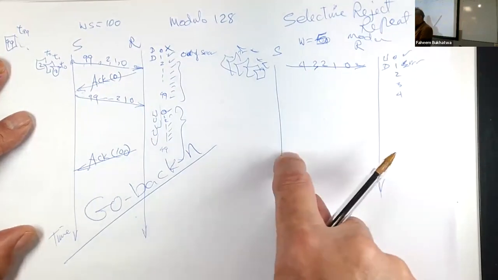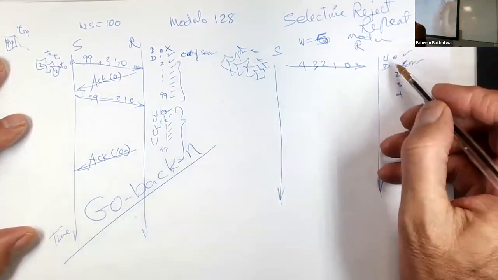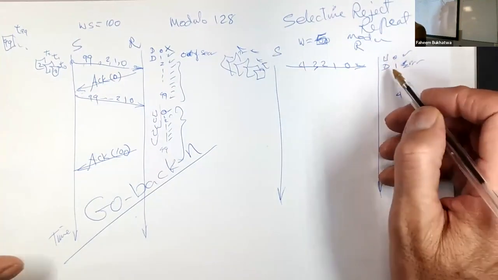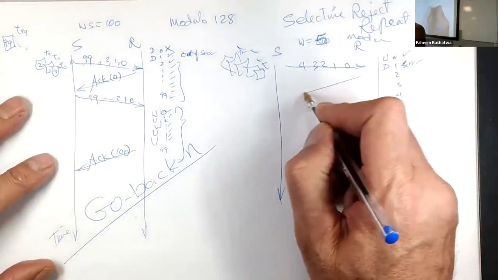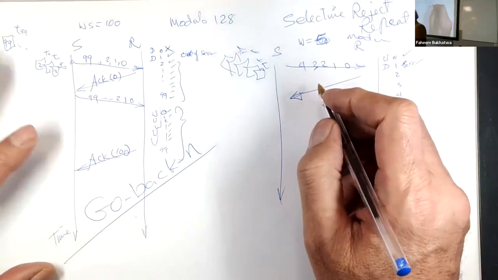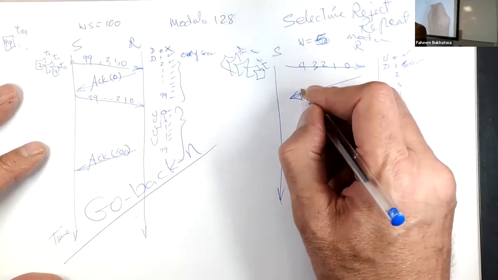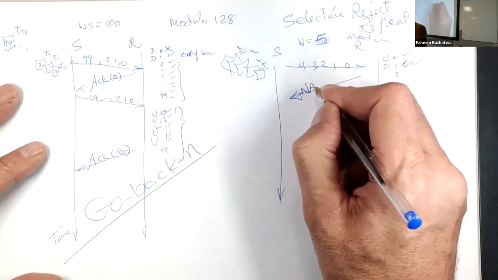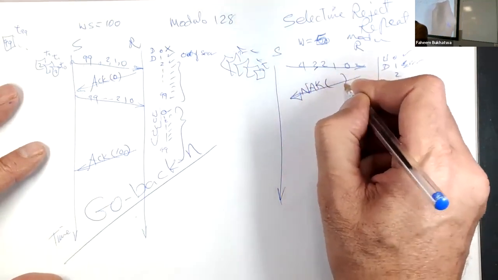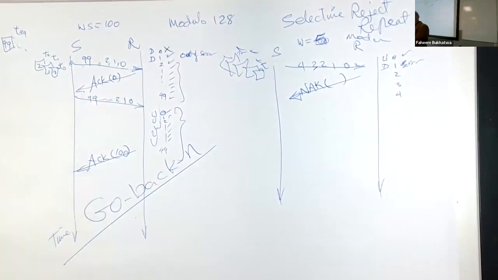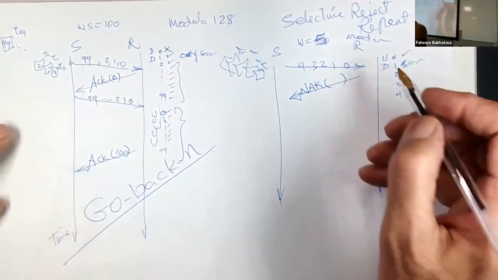Now, with selective reject, they're not out of sequence. Frame 0 goes to the user. Frame 1 is discarded, and we now send back something called a negative acknowledgement, NAK.